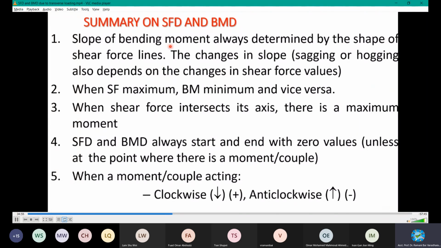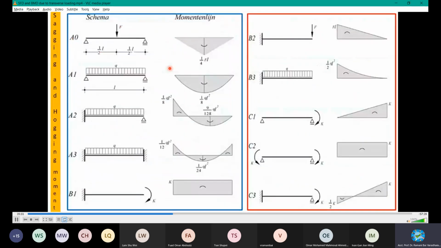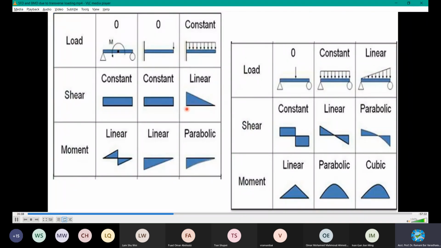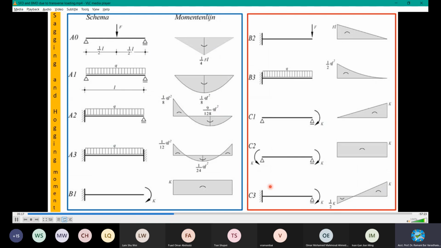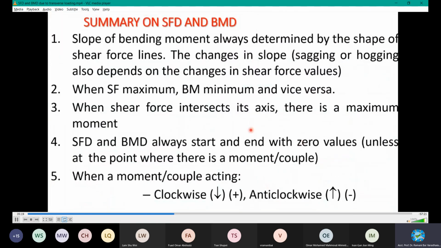Here, the slope of the bending moment diagram is always determined by the shape of the shear force diagram. We'll see some more examples later. The changes in slope, sagging or hogging, also depend on the changes in the shear force values.